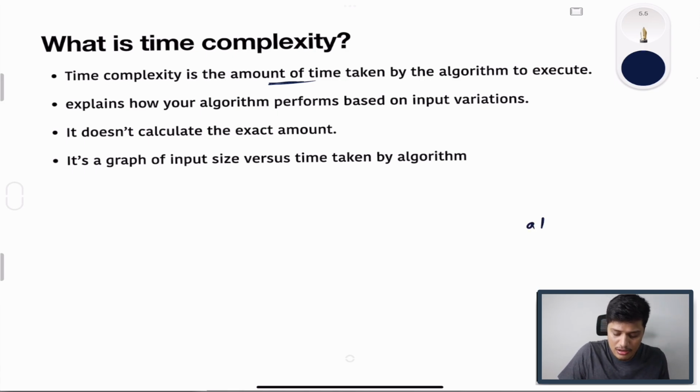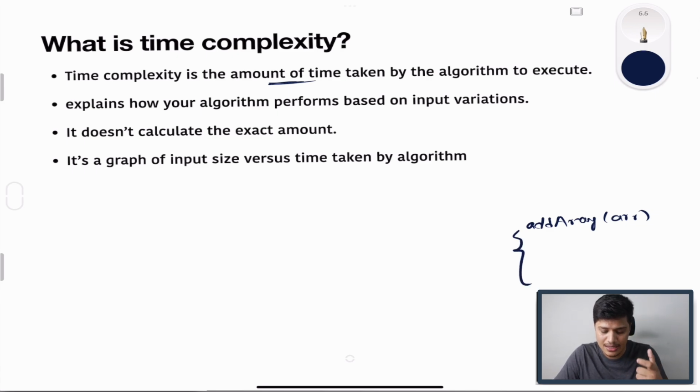For example, let's consider we have written a function called add array, which takes an array of values and in the end returns the sum of all the values in the array. As part of the time complexity analysis, we will analyze the amount of time this add array function is going to take based on the values that we have gotten in the array. That's what time complexity analysis is all about.